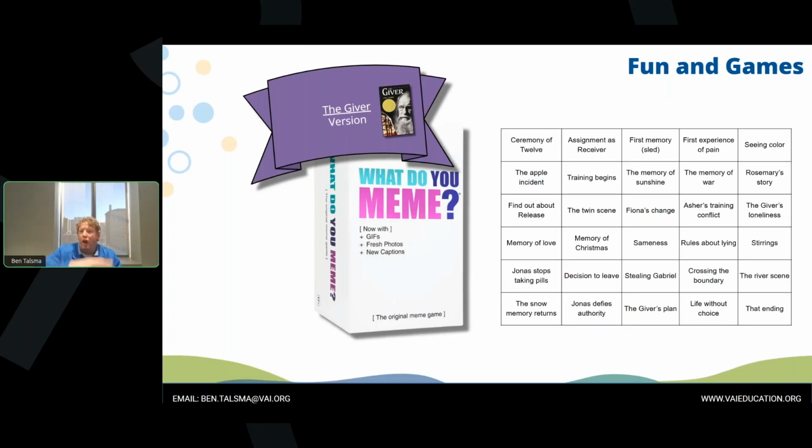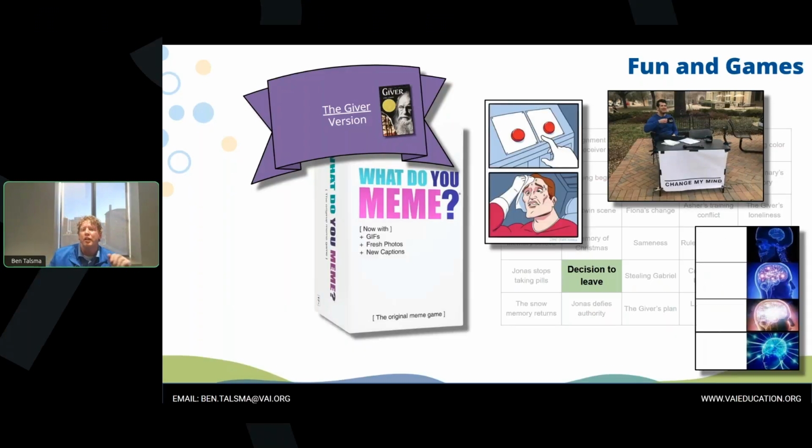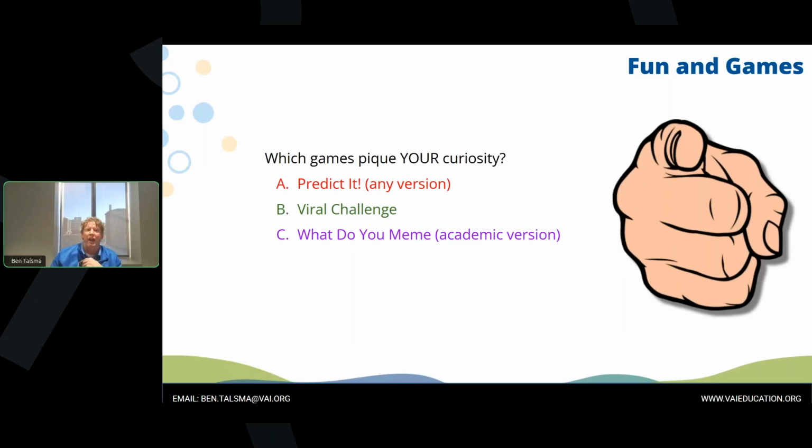You might have a bunch of different scenes from that book that you are studying, and then your students get a selection of 7 different meme cards, and they have to figure out which of those connects most closely to Jonas's decision to leave. They can play their cards, and the judge has to decide which of those fits best. And they can have this conversation, amusing conversation, but also a deep conversation about which one is the best to describe that decision to leave and why.